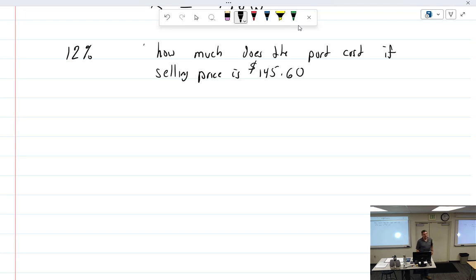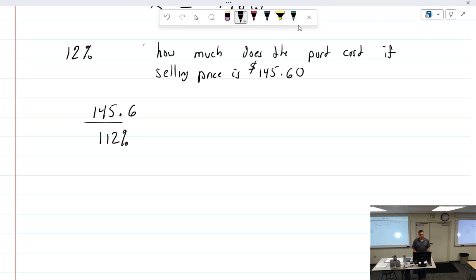Because what is my ratio? I feel like putting 145.60 over 100% is a trick question. That is correct, 145.6 over 100 is incorrect. Would it be over 112? It is over 112, and it has to be that way. It is 112% because it cost me 100% and I sold it to you for 112%.